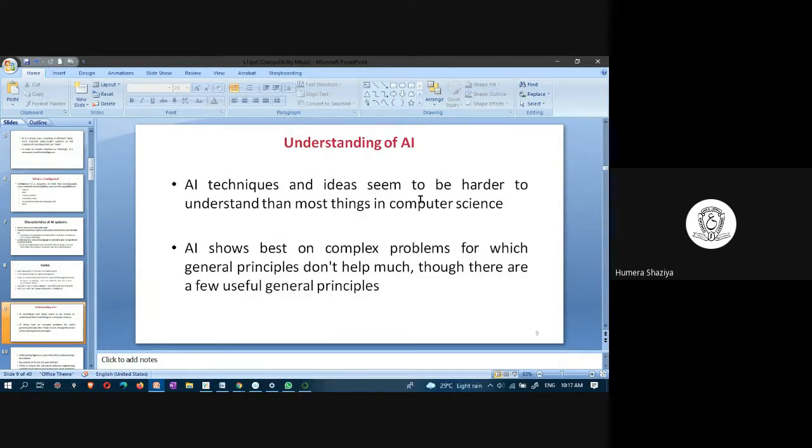Besides that, there is also AI. AI is hard to understand and to implement, and AI shows best results on complex problems for which a general computer science program fails.